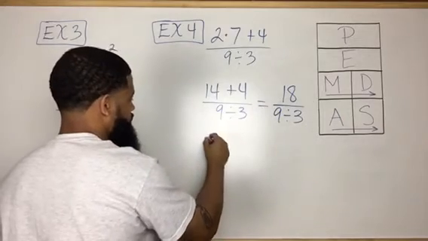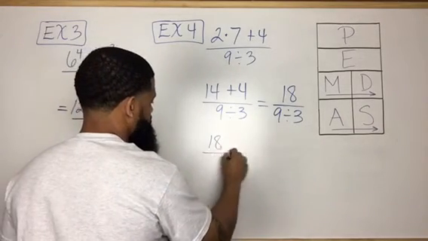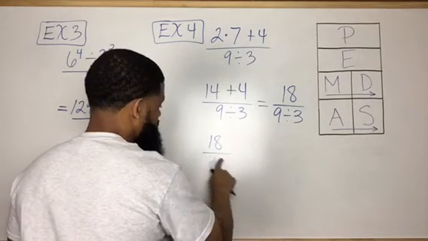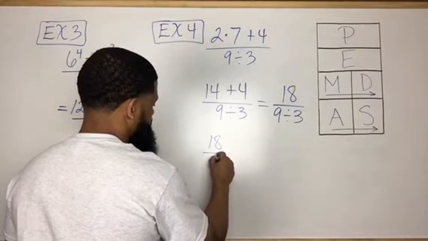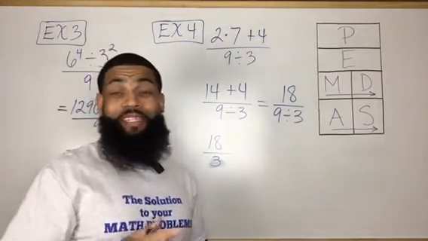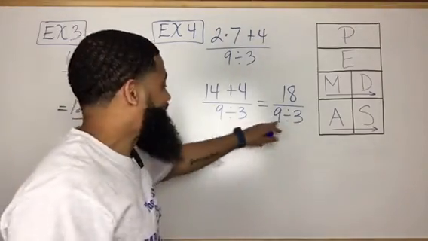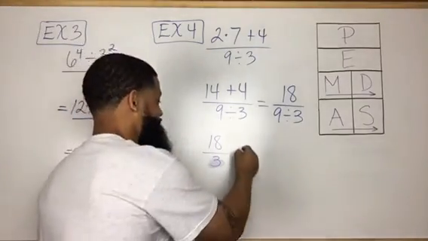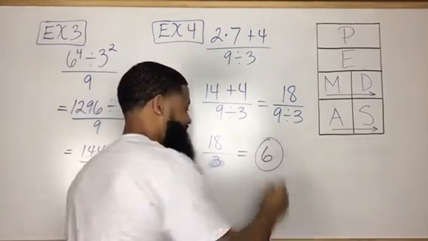And then now I'm going to do 9 divided by 3, which is 6. I'm sorry, 9 divided by 3 is not 6. Getting tongue-tied. 9 divided by 3 is 3. And then 18 divided by 3 equals 6.